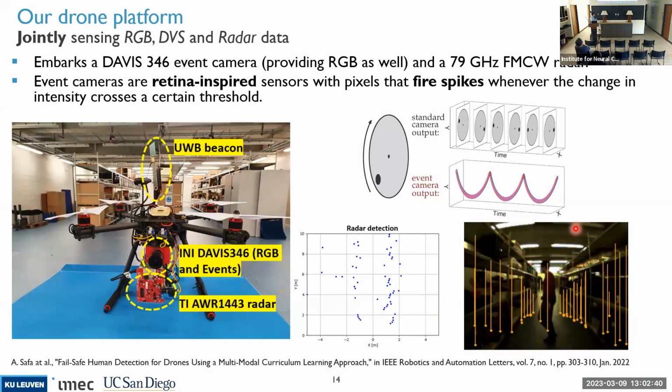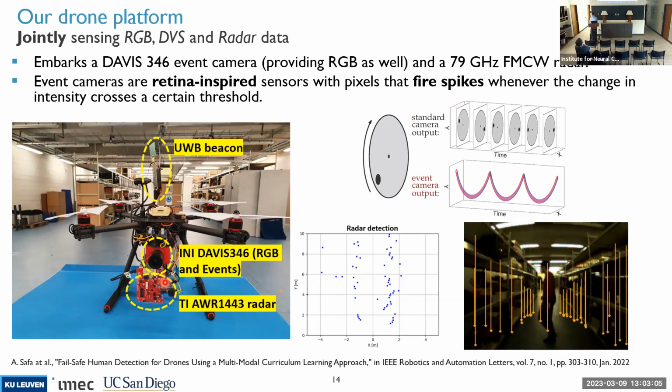So before diving into the full action, I just wanted to show you the data recording setup, which we'll also use for all the other experiments shown here. So we have this drone back in Belgium, and this drone is equipped with an event-based camera, a Davis 346, which also provides RGB frames for convenience.